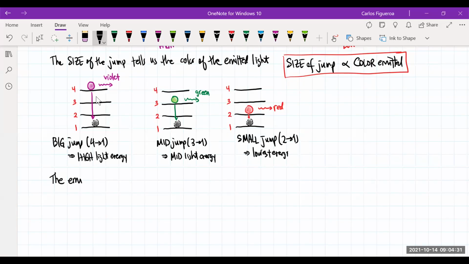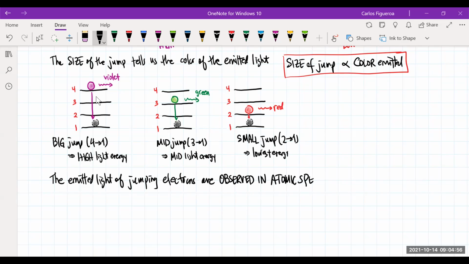The emitted light of jumping electrons are observed in atomic spectra. And this is the biggest proof of why quantum mechanics is so strong.